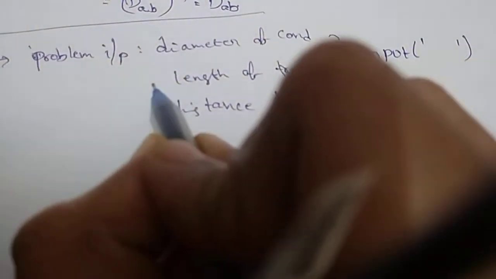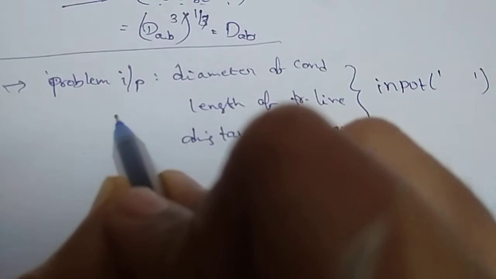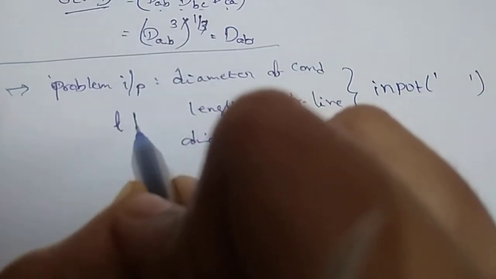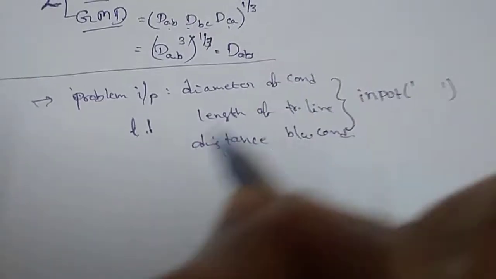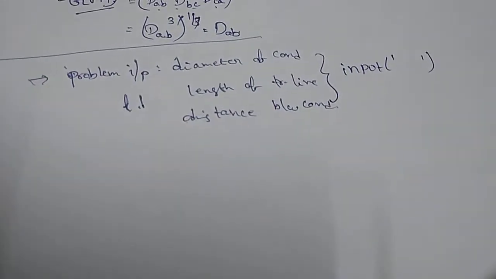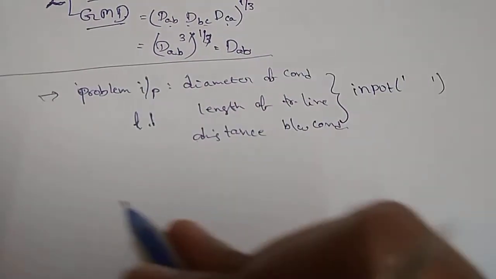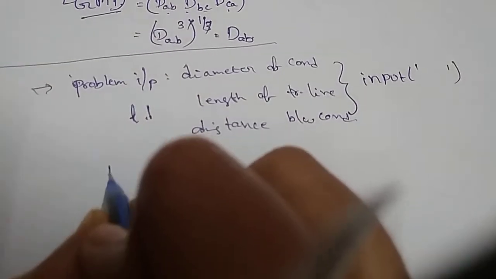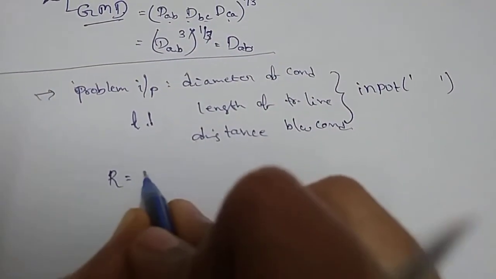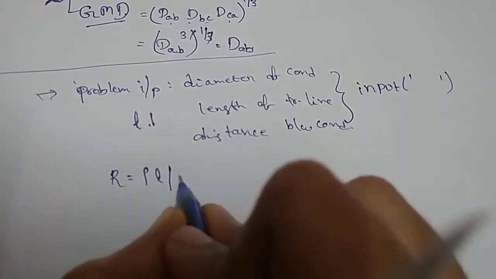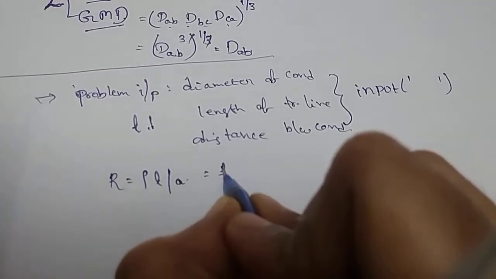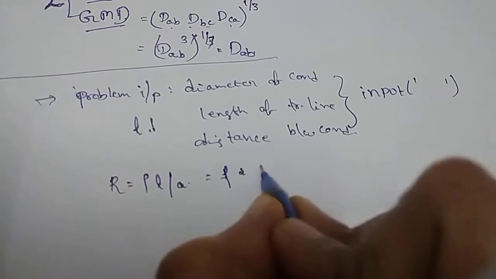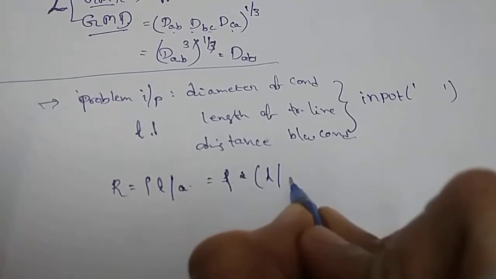In MATLAB, the symbol L and 1 both look similar, please observe that variation. Later directly substitute your R value. Directly write the statement R into rho into L by A.